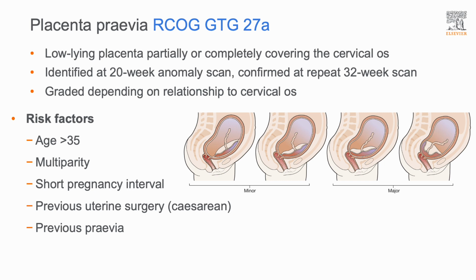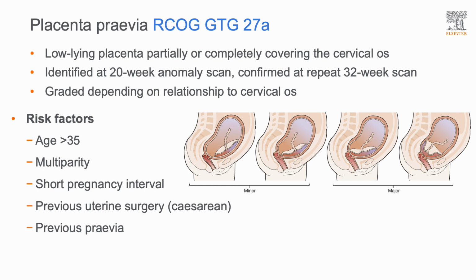The grade of the previa is dependent on its relationship to the cervical os and the severity of bleeding seen. You can see on the left-hand side of the image, there is a minor covering of the cervical os, but major previa is where there is complete covering of the cervical os.